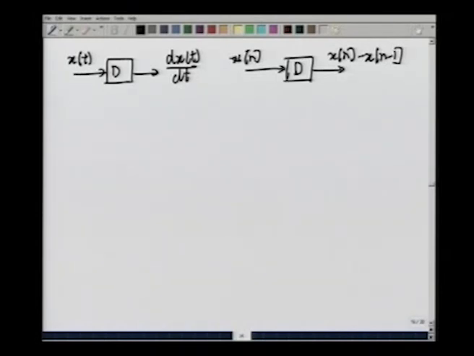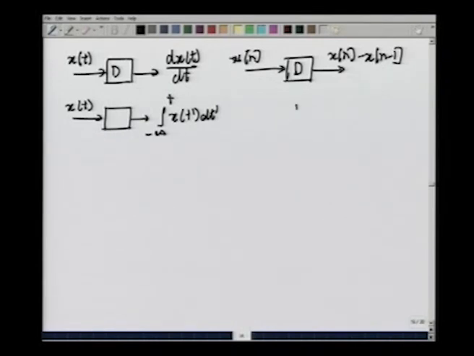Okay. Similarly, we could have a running integrator or a running summer. x(t) goes inside, and what you get at the output is the integral from minus infinity to t of x(t') dt'. Fine.